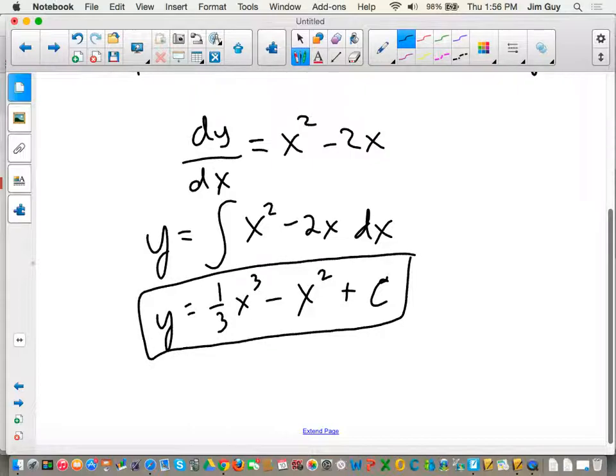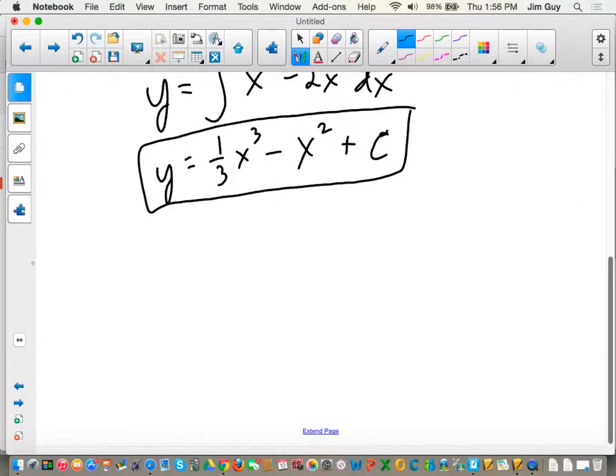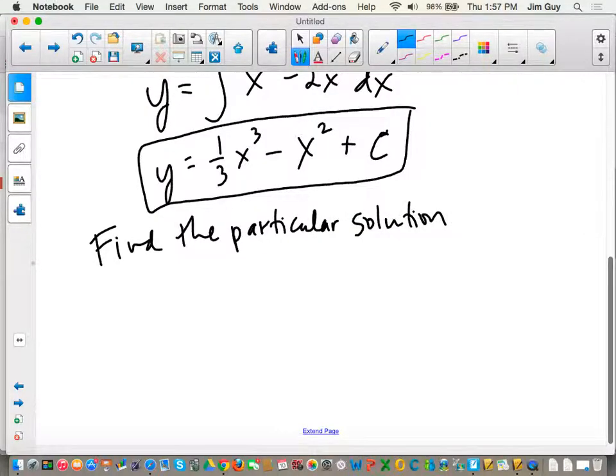Now, of course, there's an infinite number of solutions because of the plus c. And sometimes that's all they want. But sometimes they'll say, we want to find the particular solution, maybe for example, f of 1 equals 1/3.